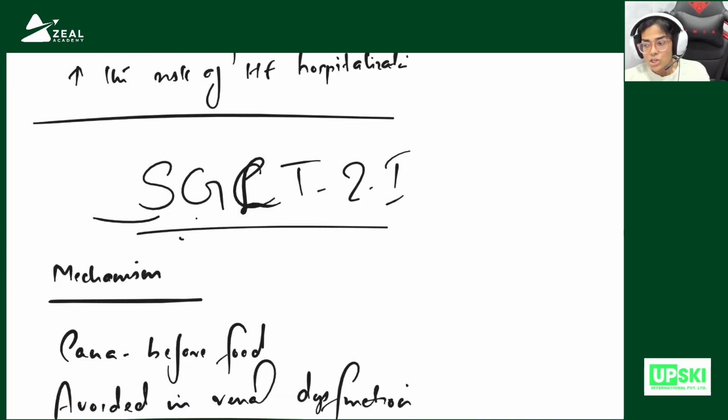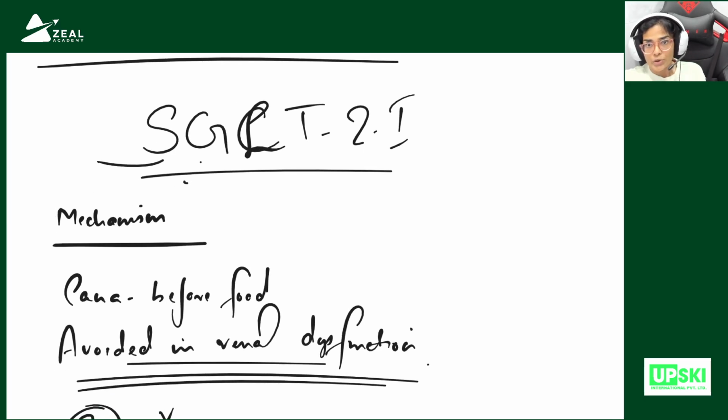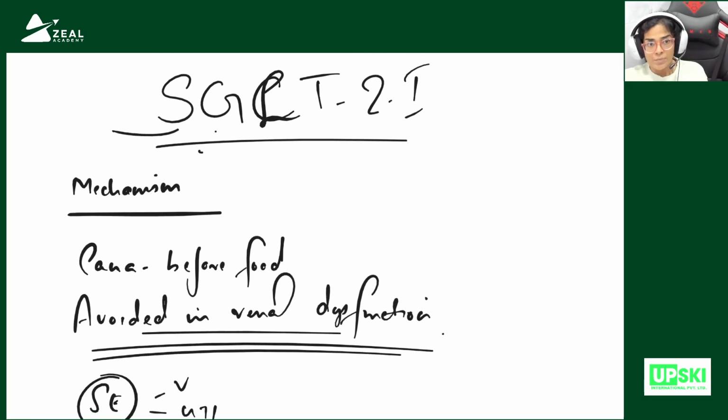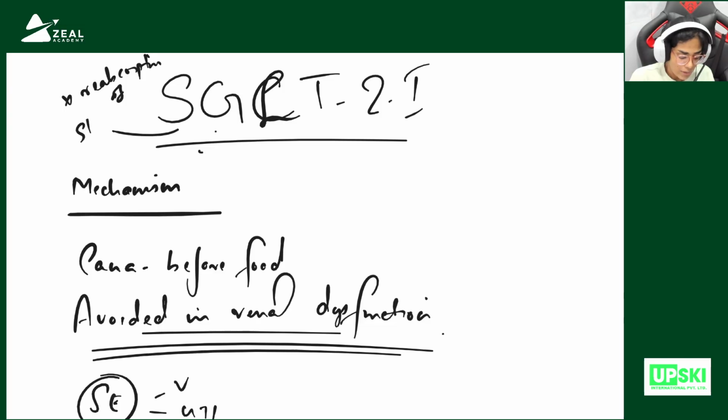Next class of drug is sodium glucose cotransporter 2 inhibitors, that is SGLT2 inhibitors. Here the mechanism is these drugs prevent the reabsorption of the filtered glucose and sodium in the renal tubules.